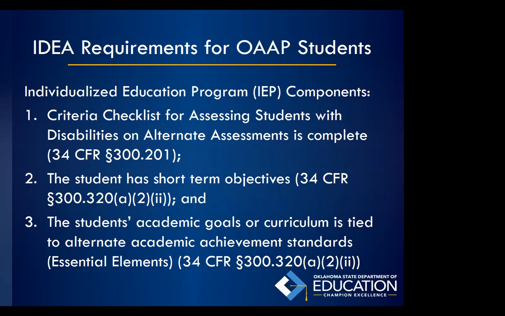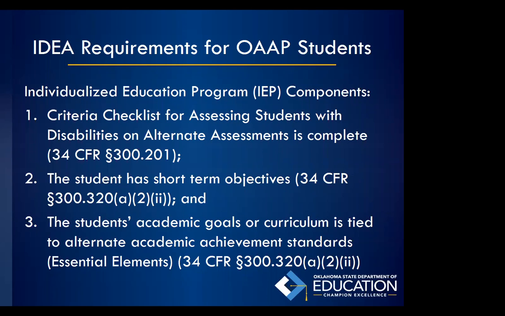So in addition to students needing to meet the criteria to participate in the OAAP, IDEA has some additional requirements. As I mentioned earlier, the criteria checklist for assessing students with disabilities on alternate assessments will need to be completed. A few other things IDEA requires is that the student has short-term objectives or goals within their IEP.